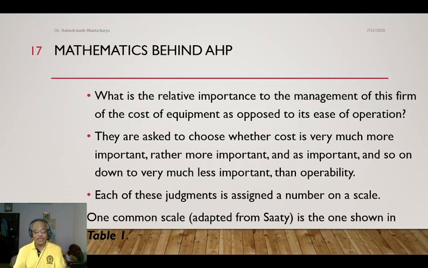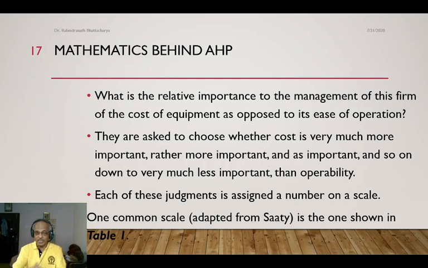Now, they are again asked to choose whether cost is very much more important, rather more important, or as important, and so on down to very much less important than operability. Accordingly, you will have to ask criteria to criteria. Where do you stand? What is the number you can put?